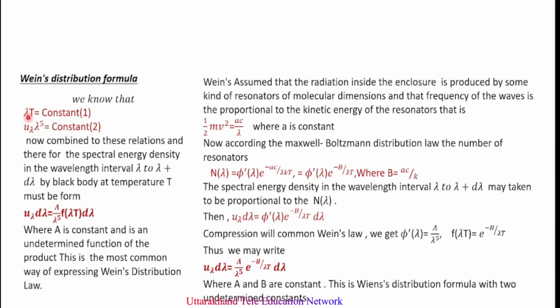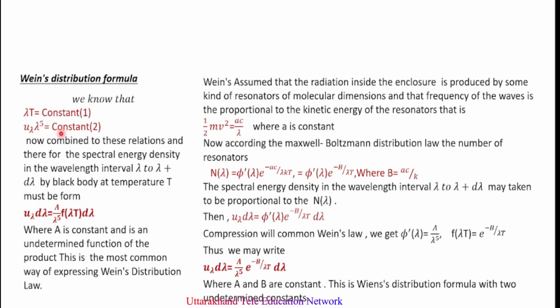Now we combine these two relations. U lambda and lambda to the power 5 go to the right hand side in divided form, and we multiply both sides by d lambda.